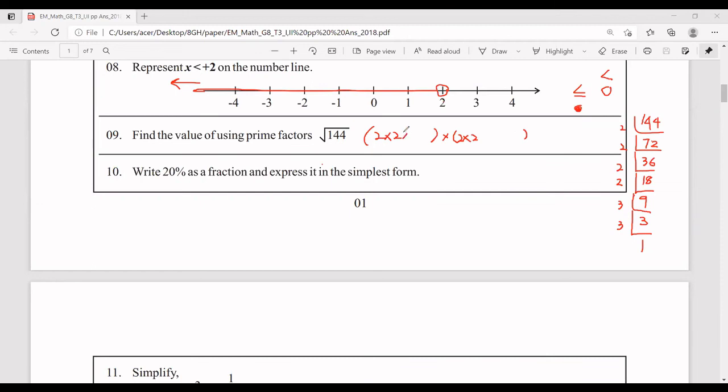How many 3s are there? 2 3s. Put 1 3 here, and put the other 3 here.